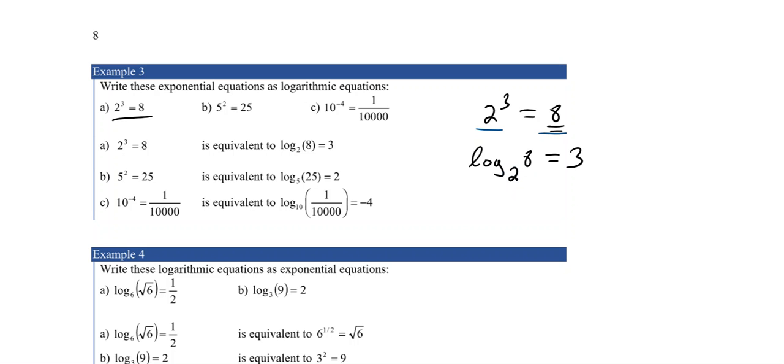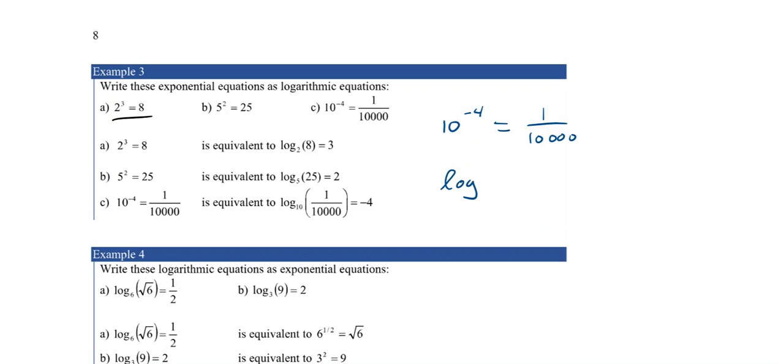So let's do C. If we had 10 to the power of negative 4 is equal to 1 over 10,000. All right, so again, a good place to start is going to be log, and then base 10, right?